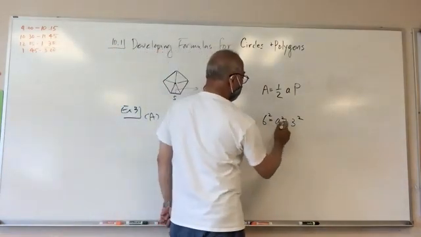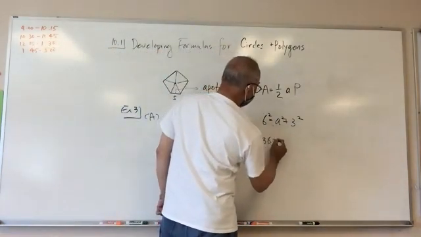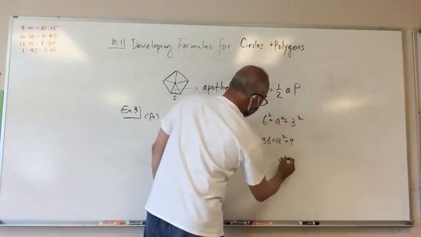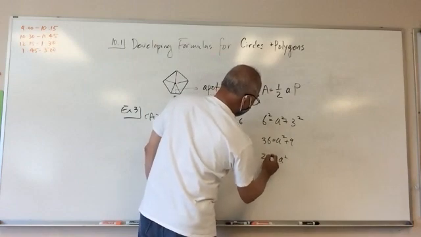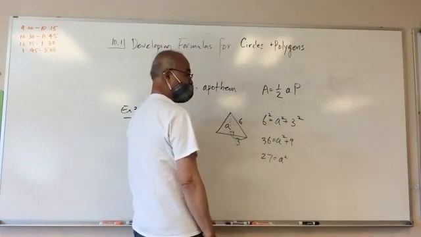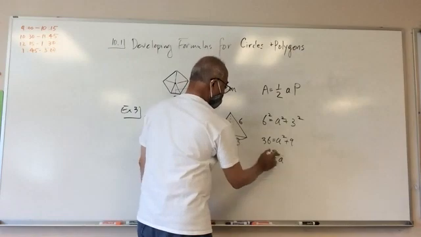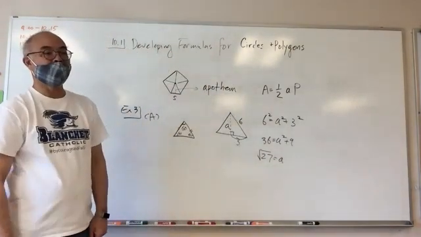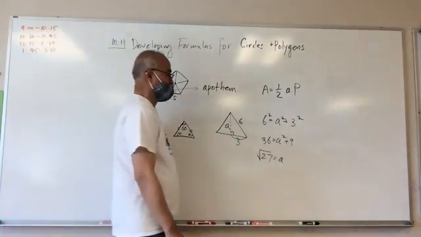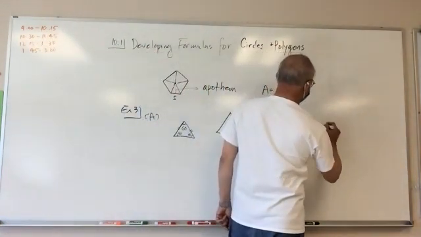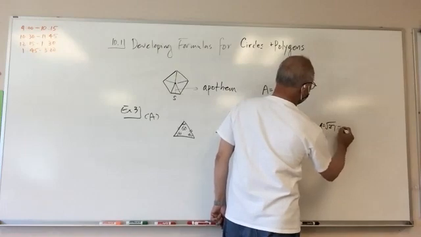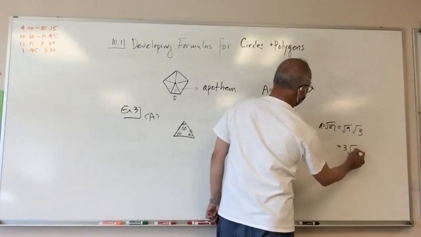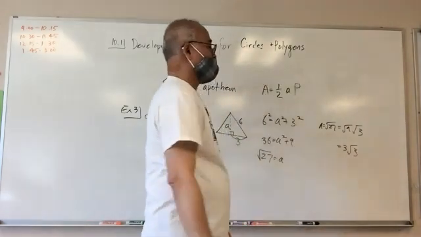So what do I have? I have 36 equals A squared plus 9. A squared is going to be equal to 27. That's your apothem, right? So their apothem is square root of 27. Your perimeter is what?